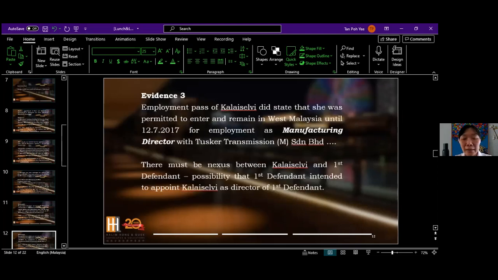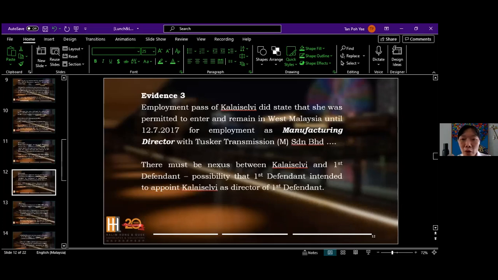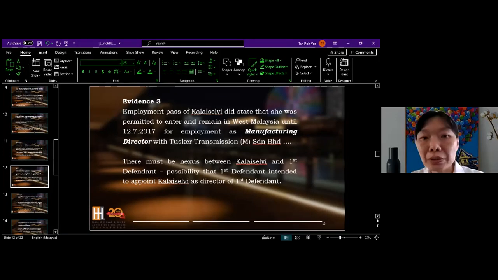And then evidence number 3, the employment pass. Remember Kalai Selvi is a national of India. She's not a Malaysian citizen, so she needs an employment pass to enter. In the employment pass, it was stated as employment as manufacturing director with Tasker Transmission Malaysia Sdn Bhd.